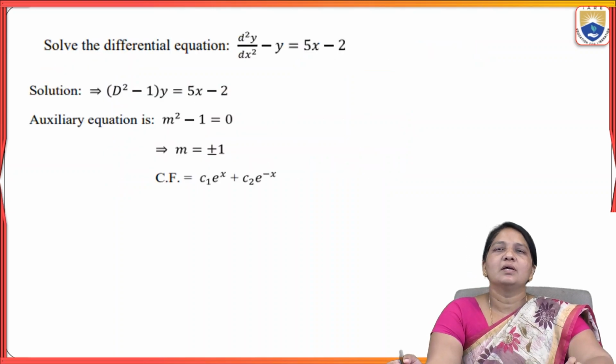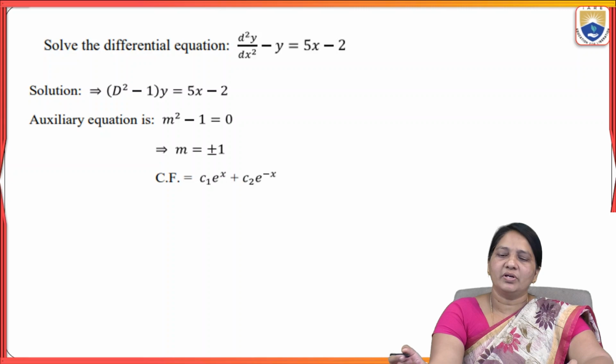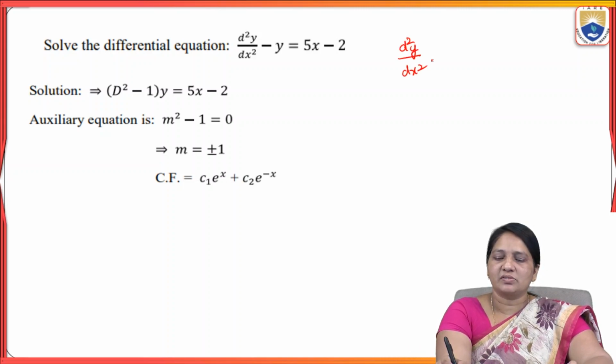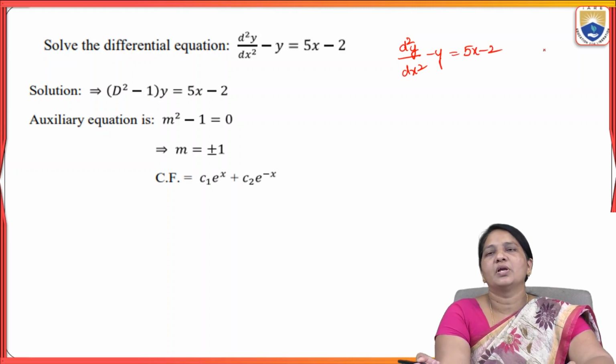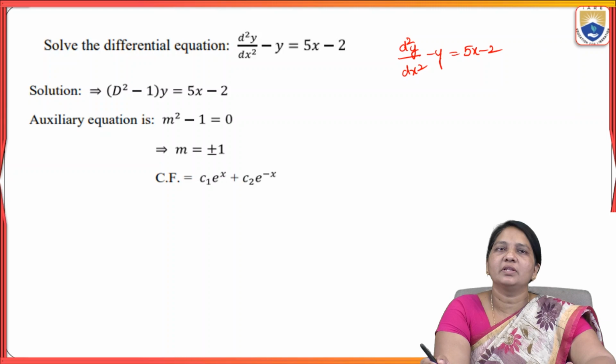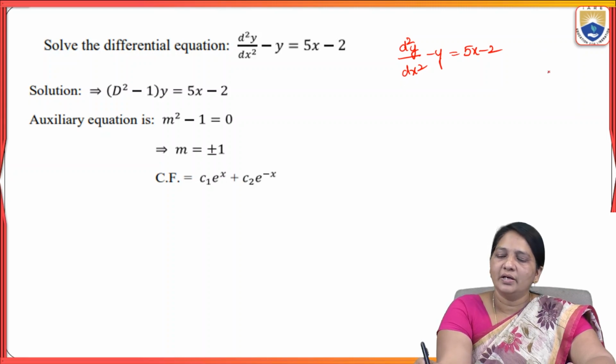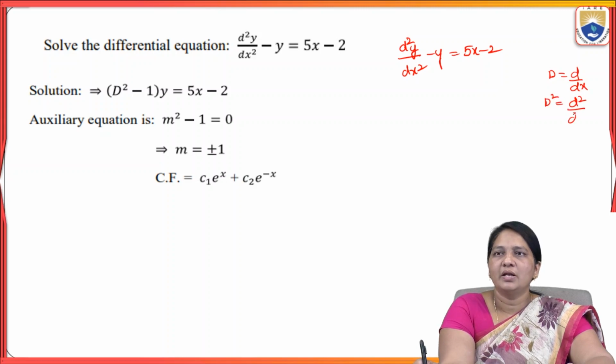See the question. Solve the differential equation. What is the differential equation? They gave d square y by dx square minus y equal to 5x minus 2. So here we can write this in the operator form. First of all, D equal to d by dx, and here we are having D square equal to d square by dx square.